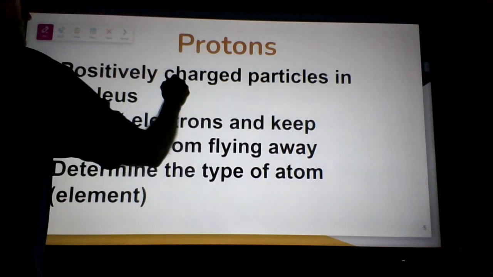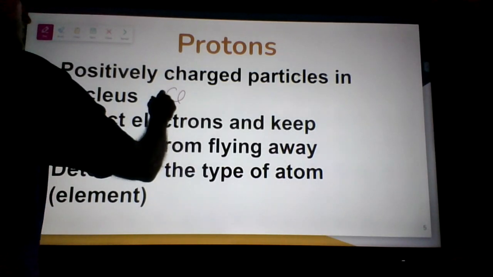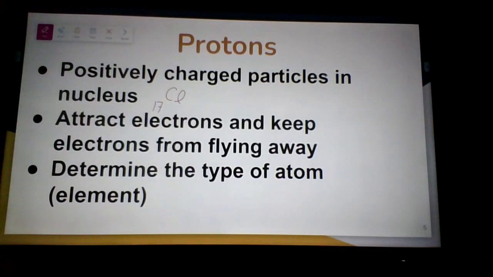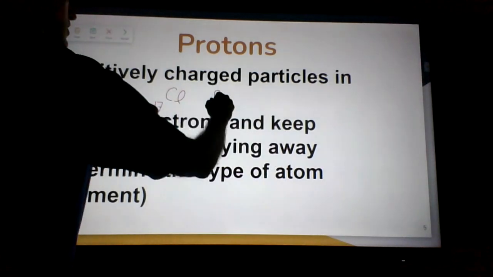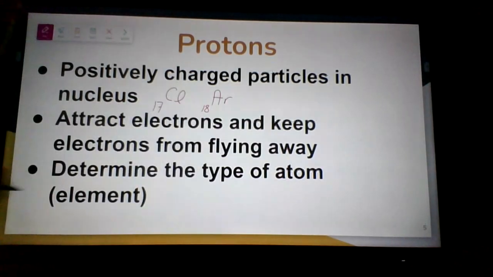And I think I mentioned this before. Chlorine with 17 protons is a very deadly gas, but argon with 18 protons is a very safe gas that's used in neon lights and in insulation in windows to help keep heat in and out.